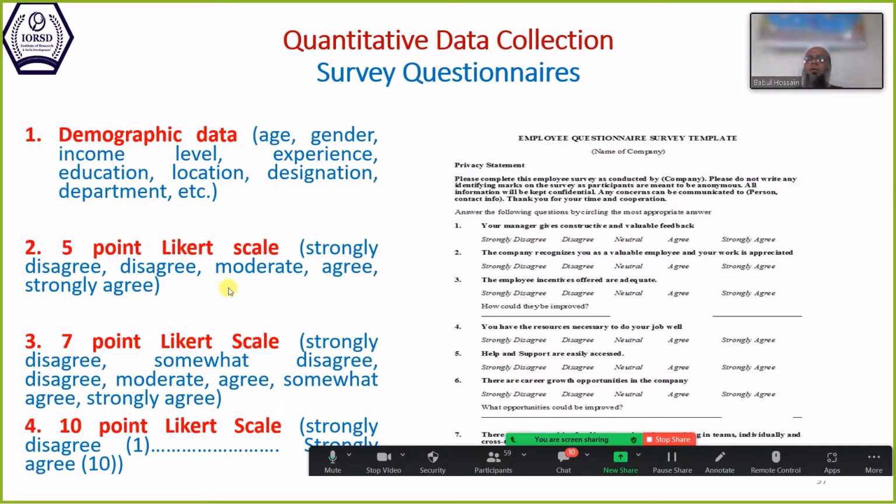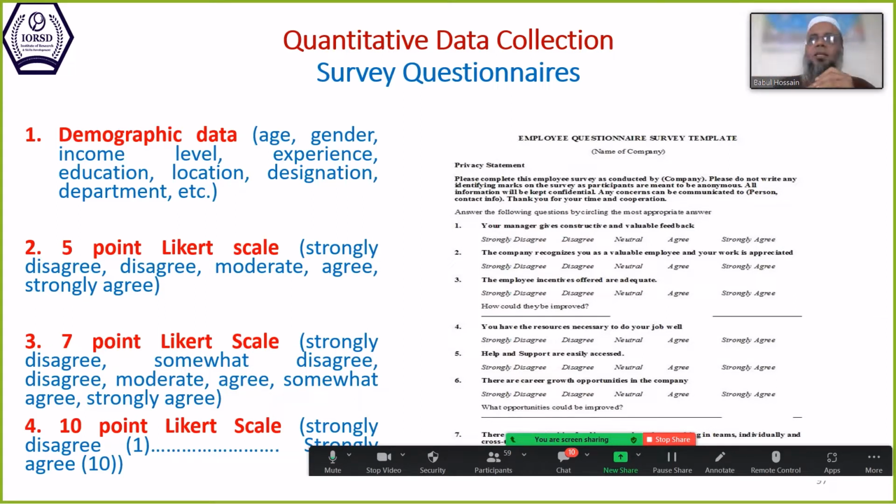Somebody uses a 5-point Likert scale, 7-point Likert scale, 10-point Likert scale. Which one is the best? 5-point. Why not 10? 10 has more options.